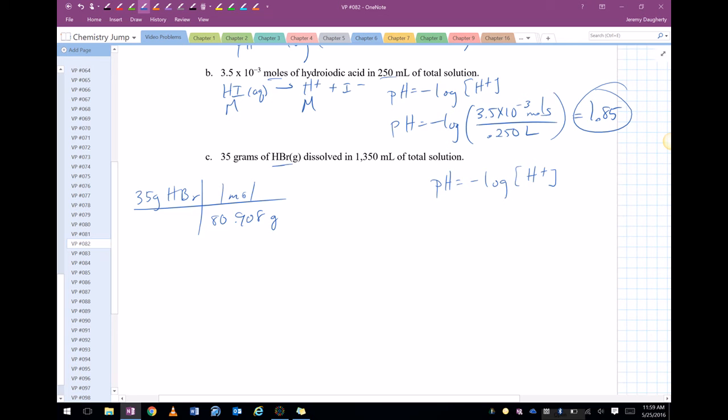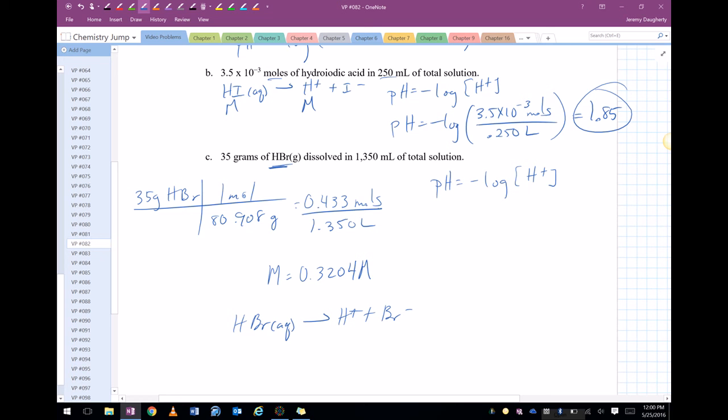All right. So 35 divided by that value gives me a moles of 0.433. That's rounded, divided by 1.35 liters. So I get a value of, for my molarity, 0.3204. Keep as many digits as you can because it's not the final answer. And that's the molarity of the HBr. That's also the molarity of the hydrogen ion, though, because just like the others, HBr breaks up completely.